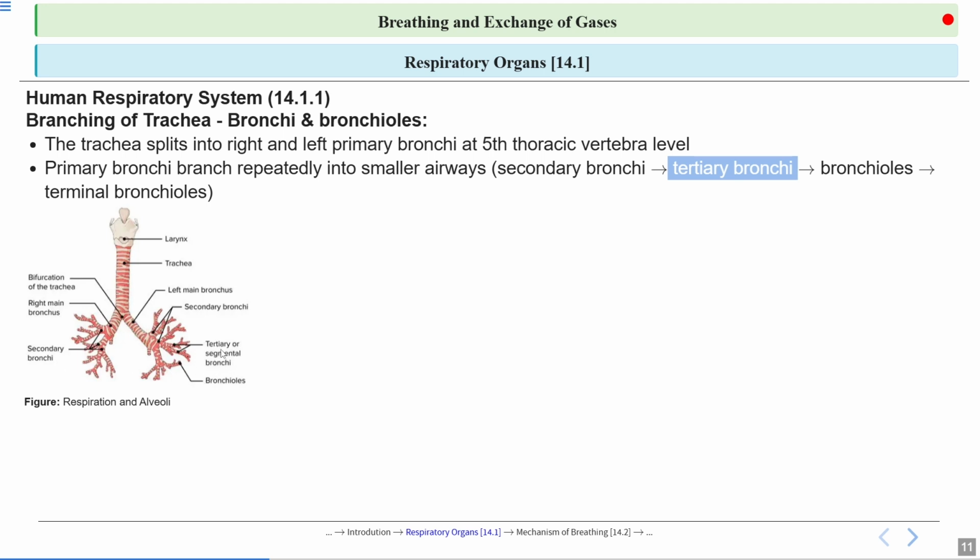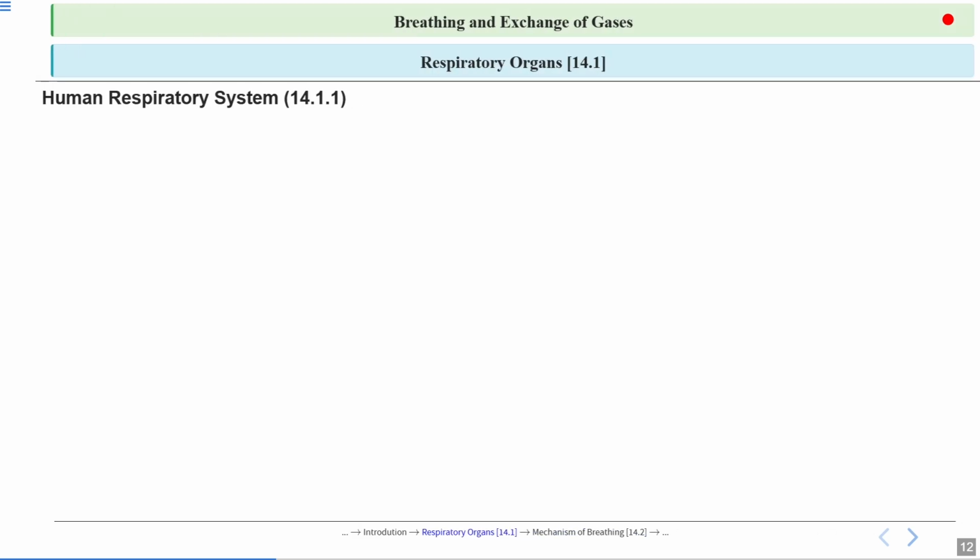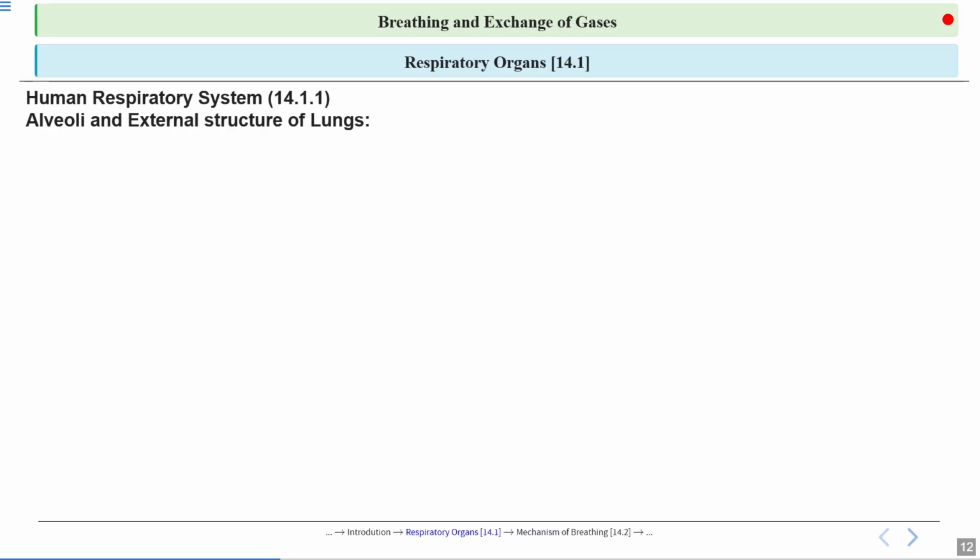Clear? And then the tertiary bronchi further divide into bronchioles. Now at the terminal position of these bronchioles, a sac-like structure is present, known as alveoli.